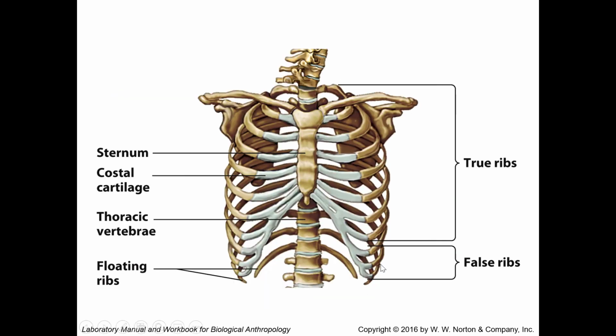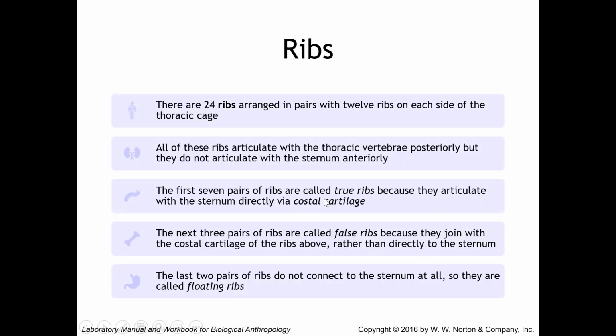So you can see here 1, 2, and 3, our false ribs. And 1, 2, 3, 4, 5, 6, 7, our true ribs. You can see here they are connecting to the cartilage of the rib above, right? So they're not connecting directly to the sternum.